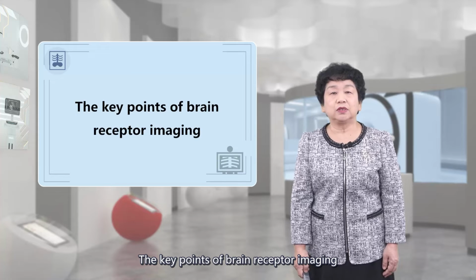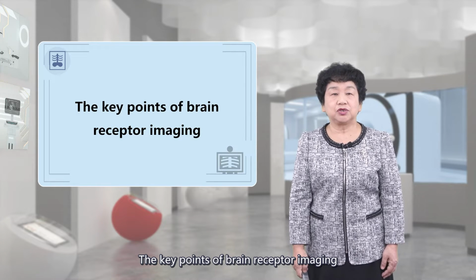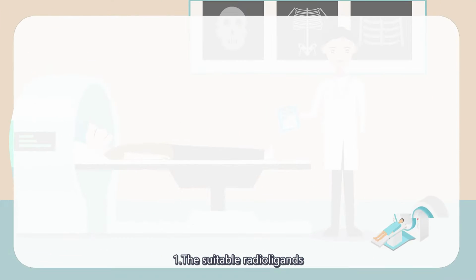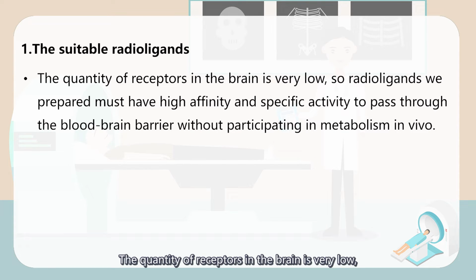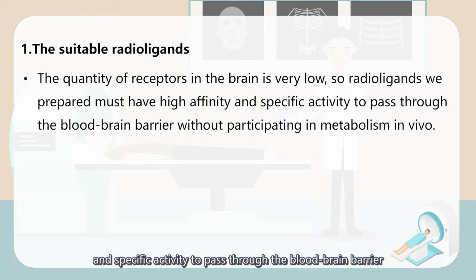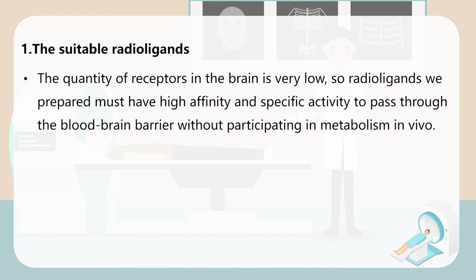The key points of brain receptor imaging. First, a suitable radioligand. The quantity of receptors in the brain is very low, so the radioligands we prepare must have high affinity and specific activity to pass through the blood-brain barrier, without participating in metabolism in vivo.